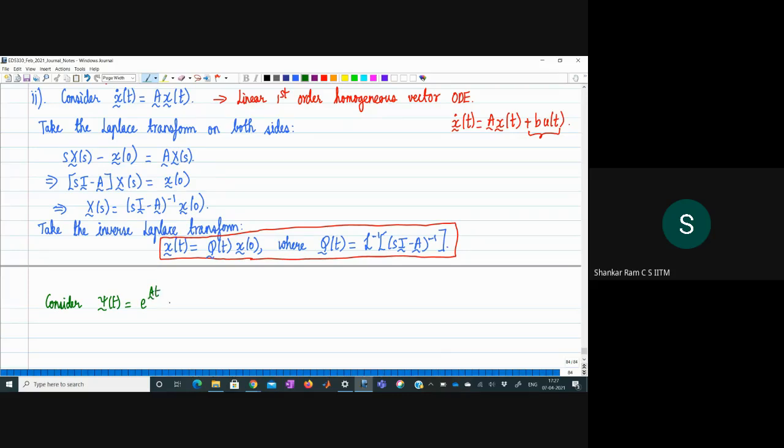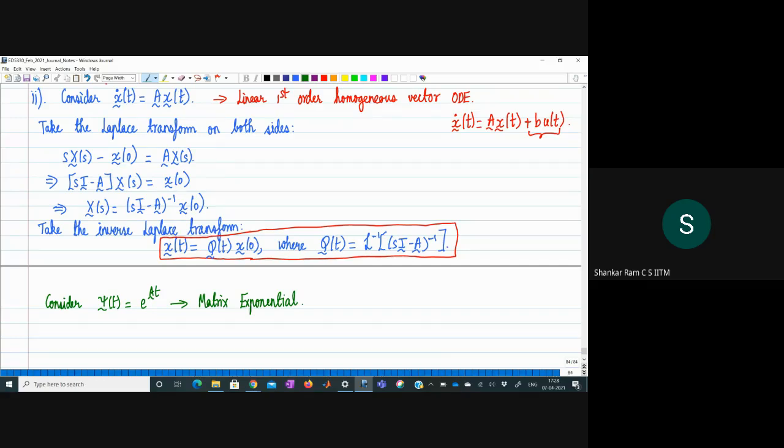This is known as the matrix exponential. We would have encountered exponentials of scalar variables, which result in a scalar valued function. Now we are taking the exponential of a matrix, A t, and that's why it is called a matrix exponential. The result is also going to be a matrix.